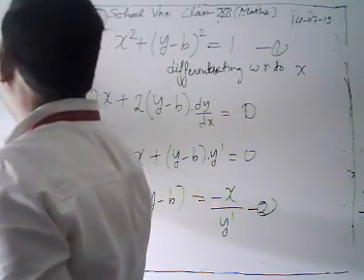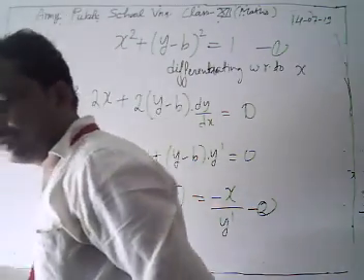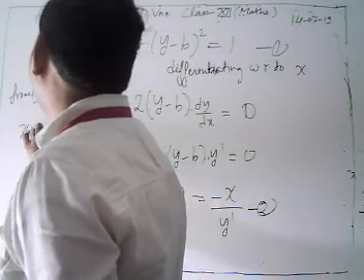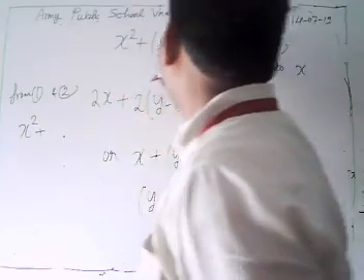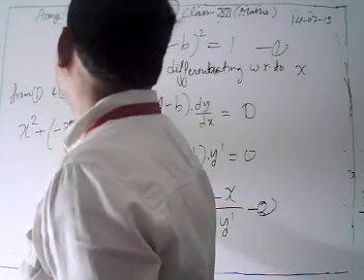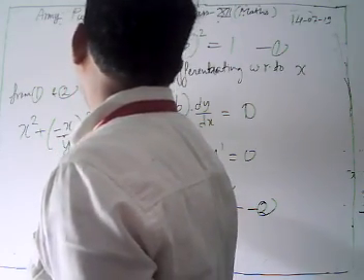From equations 1 and 2, what do we have? We have x square plus (minus x upon y dash) whole square equal to 1.